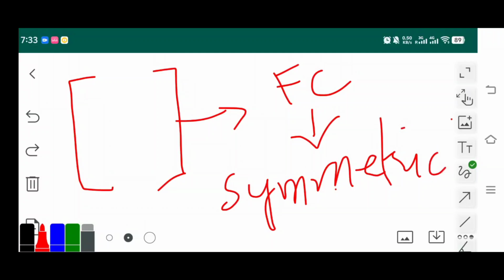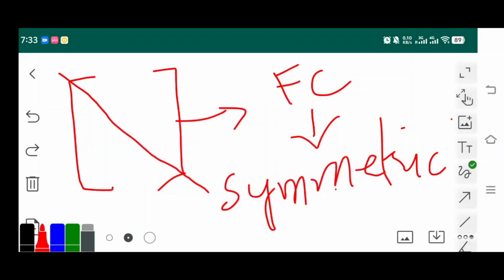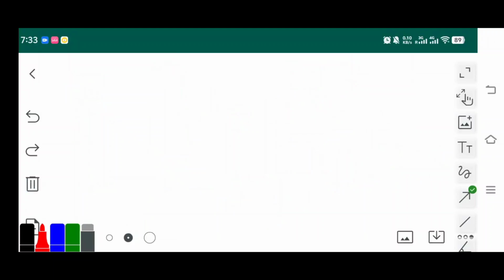We all know a symmetric matrix means one which has an equal number of rows and columns, divided by a diagonal equally. Now we know that FC is a symmetric matrix where the number of columns and number of rows are equal.